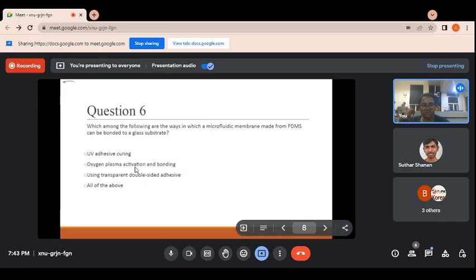Then we can also use the transparent double-sided adhesive. If we see the microfluidic membrane, it is transparent, so some PMMA or something like that is used there. So the right answer is all of the above.